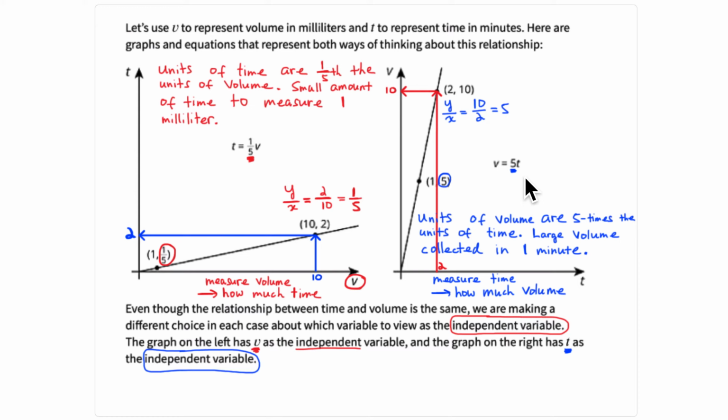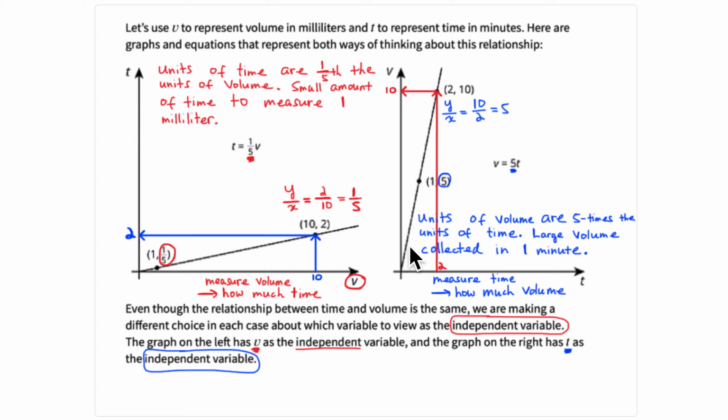So the units of volume are 5 times the units of time. So 1 minute, 5 milliliters. 2 minutes, 10 milliliters. 3 minutes, 15 milliliters. So you're measuring a relatively large volume, 5 milliliters, collected in 1 minute. So this is a constant of proportionality that's greater than 1.